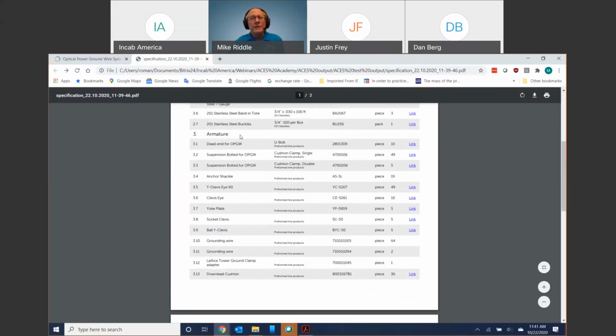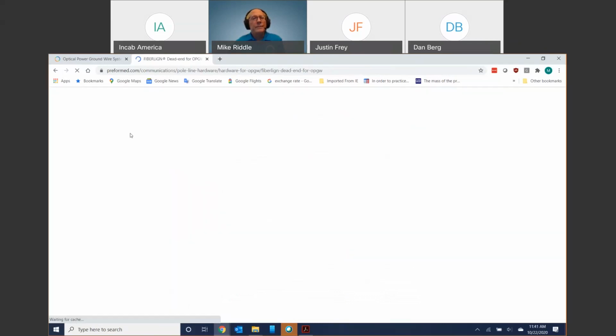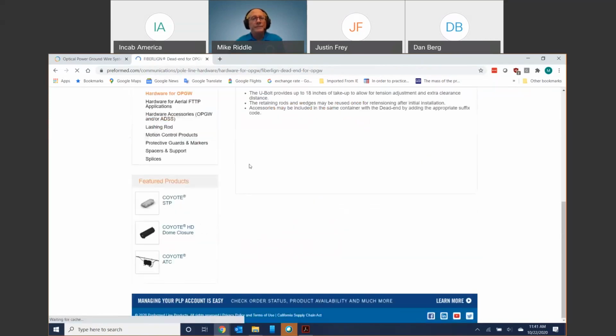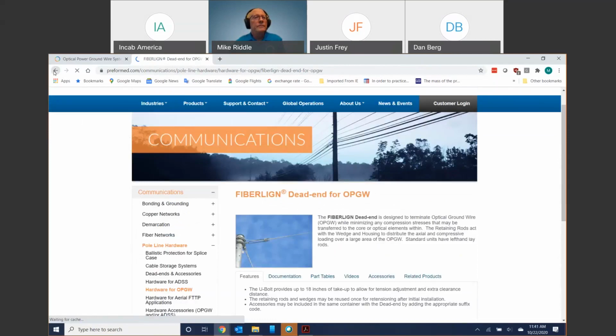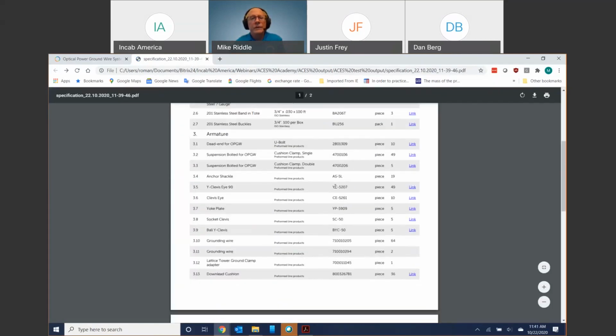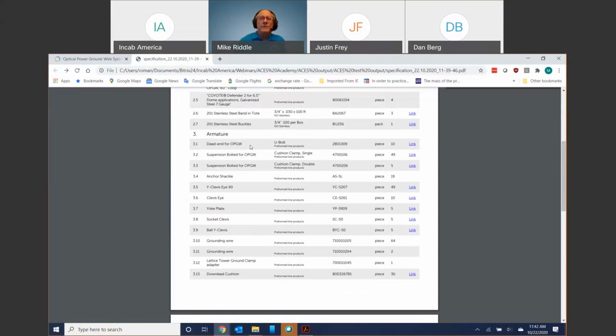Then you're down to your accessory, your dead end, the catalog number, again, a link to that particular item. And then all the rental items go with it based upon the tower information that you put in.